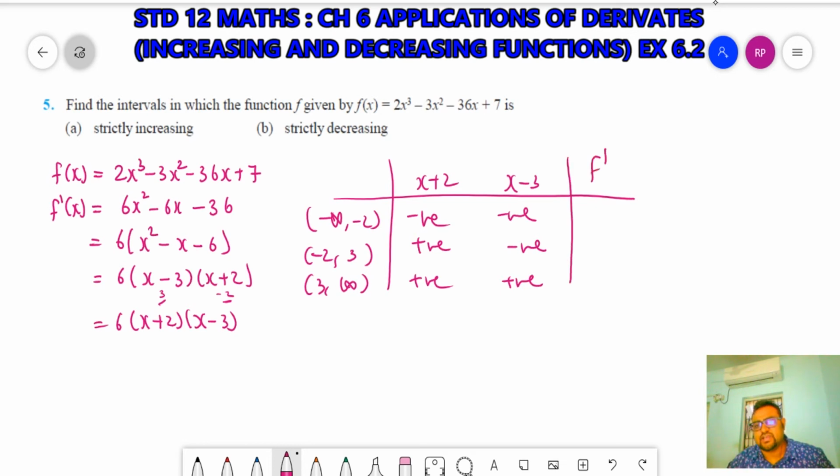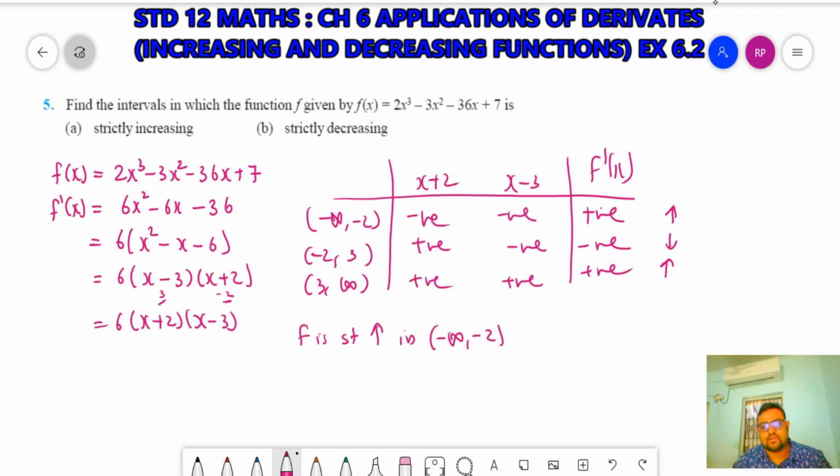So f dash x: both negative, it's positive; negative; positive. It's increasing, decreasing, increasing. Okay, so f is strictly increasing in minus infinity to minus 2 and 3 to infinity, and f is strictly decreasing in minus 2 to 3.